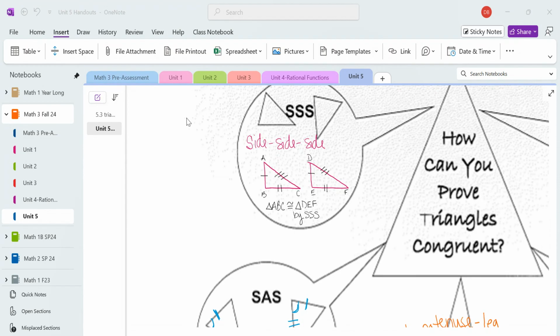So I'm going to go to that intro to proofs, and we're going to do some of those triangle proofs together. So flip your page over, your blue sheet that we just did together. And we're going to talk about some proof statements, things that we can say.